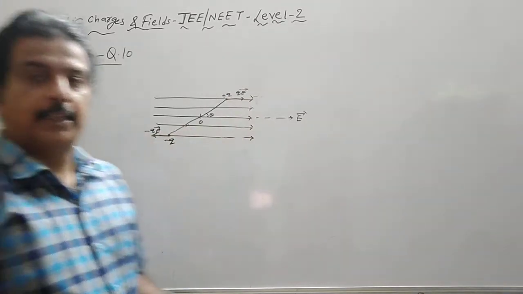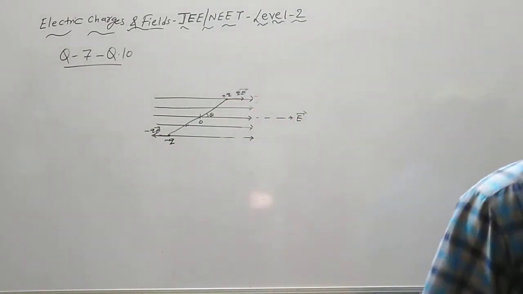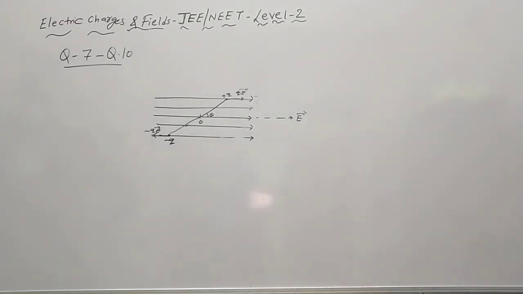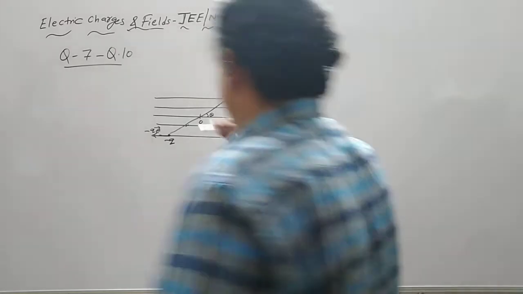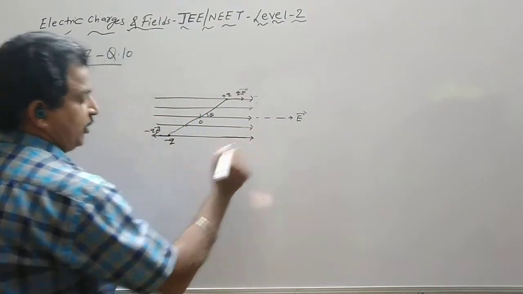We know the characteristic of a dipole. Whenever we place a dipole in a uniform electric field, it rotates and aligns in the direction of the field. So it rotates till angle theta becomes 0.